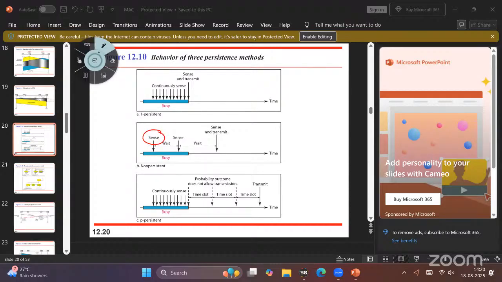If busy, wait a random amount of time. Again, we need to sense the channel. Again we need to wait a random amount of time, and again sense the channel. The channel is idle, so we need to transmit the data.